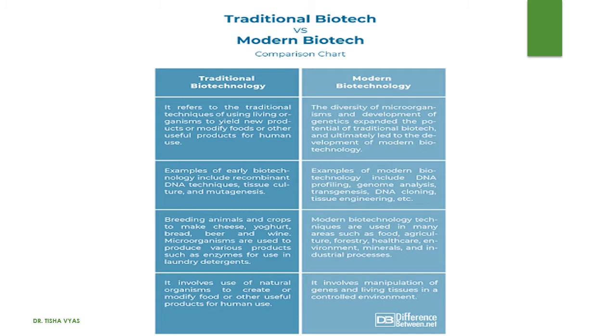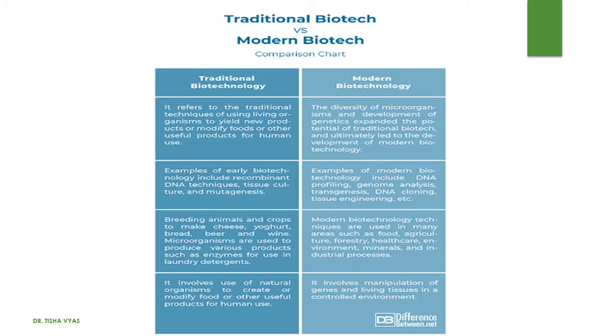Traditional biotechnology refers to the traditional techniques of using living organisms to yield new products or modify foods or other useful products for human use. Whereas in modern biotechnology, the diversity of microorganisms and the development of genetics expanded the potential of traditional biotech, and ultimately that led to the development of modern biotechnology.